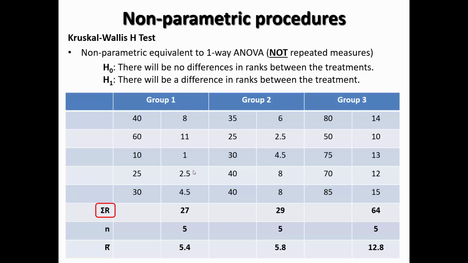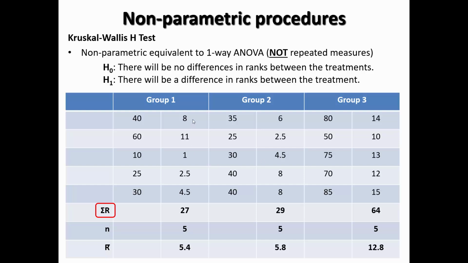And then we also have another tied rank at 4.5, and so that's the average between 4 and 5. So we skip 3, we move to 4 and 5. We have two of the same scores here at 30 and 30, so each are assigned a rank of 4.5.